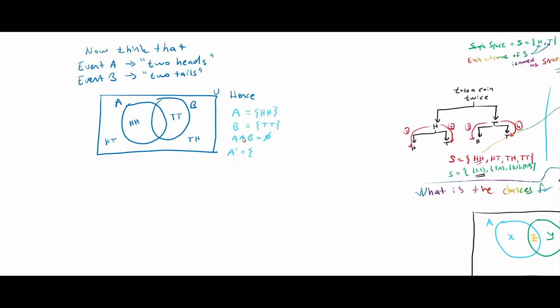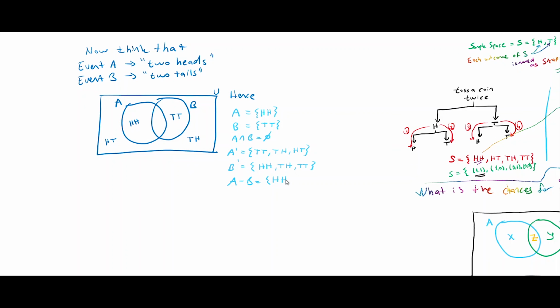What cluster A doesn't own is equal to tails tails, tails heads, heads tails. So what about what cluster B doesn't have? These are equal to heads heads, tails heads and heads tails.